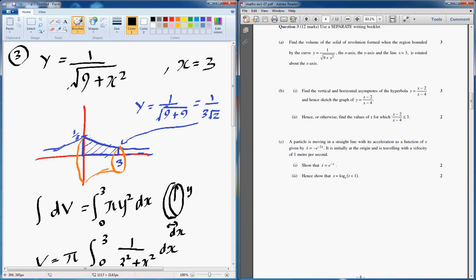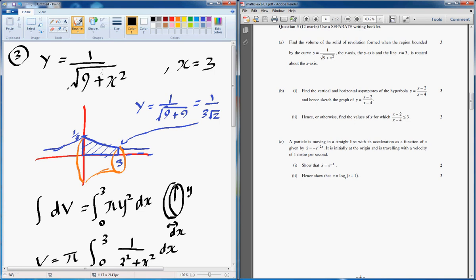So what's happening over here, it's going down, down, down, but never goes negative because this square root will never go negative. So there's an asymptote at y equals 0. But it doesn't really matter too much because it says it's bounded by x equals 3. But hey, look, it's good to notice.